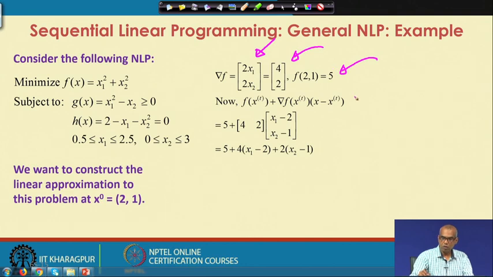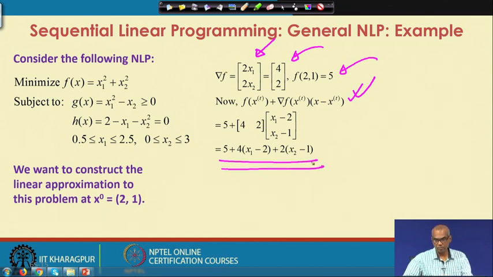Now the objective function is approximated by performing Taylor series expansion, and we get this. So, this is f of x t, this is the gradient, and this is x minus x t vector.